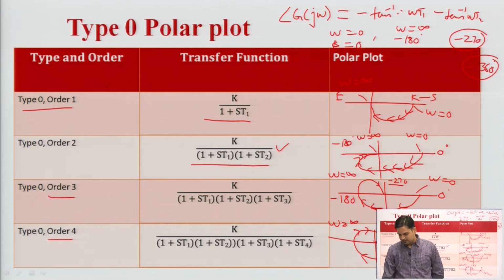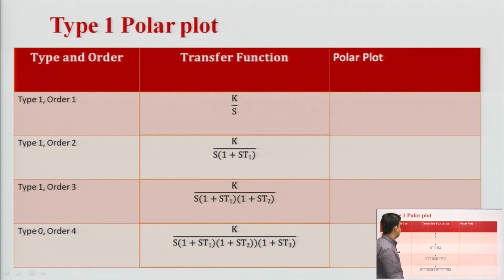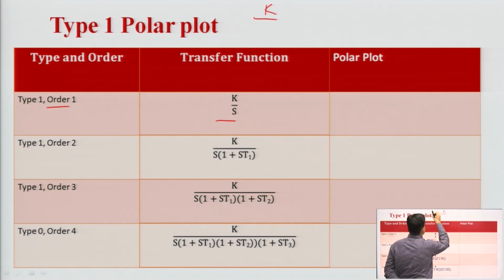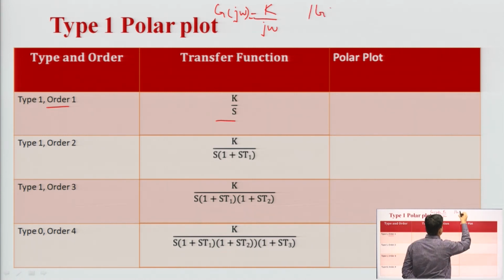In the same way, when we go for type 1 system and order 1, we would like to see k over s. Same format, I have to replace s by j omega. I will get k over j omega. Its mod of g j omega gives me k over omega.